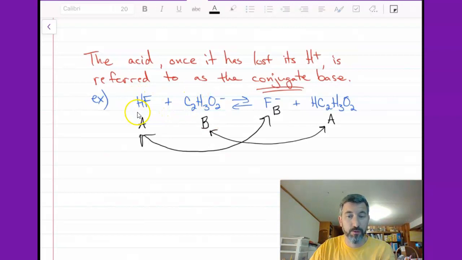We have hydrofluoric acid, because this would be called hydrogen fluoride if you weren't naming it as an acid. So we have hydrofluoric acid giving its hydrogen to the acetate ion, and that would leave behind fluoride. And it would also give us hydrogen acetate, which you could also call acetic acid.